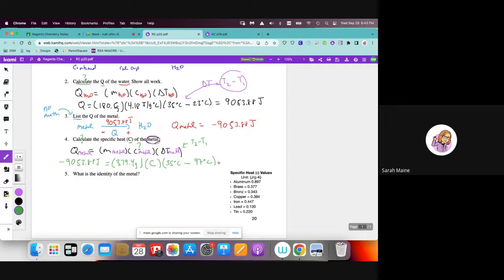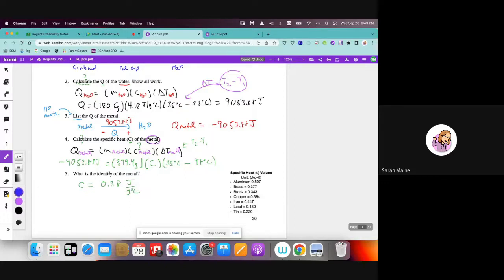But take a look: the temperature decreased, so 35 minus 97 is a negative value. But you also have a negative Q value. A negative Q divided by a negative delta T gives you a positive number. When you put this into the calculator, the specific heat value calculates out to 0.38 joules per gram degree Celsius.